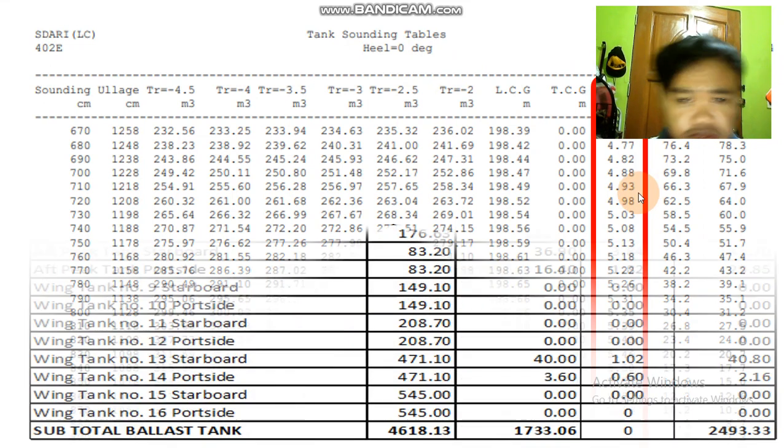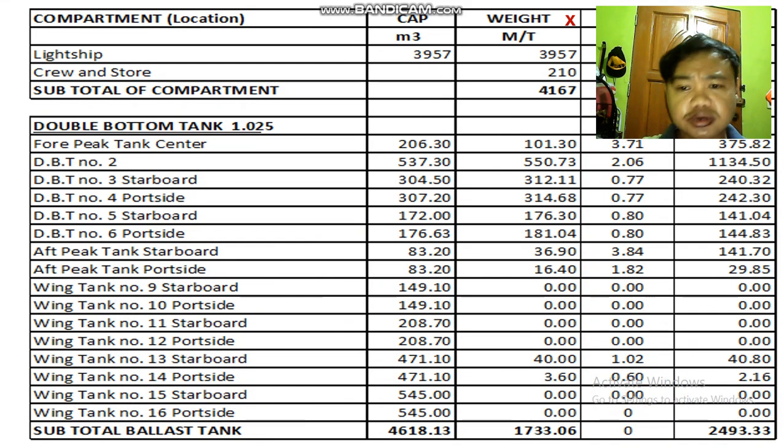Now let's go back to the example. You already have the VCG, so you just need to multiply it by the weights so as to obtain the value of the vertical moments.